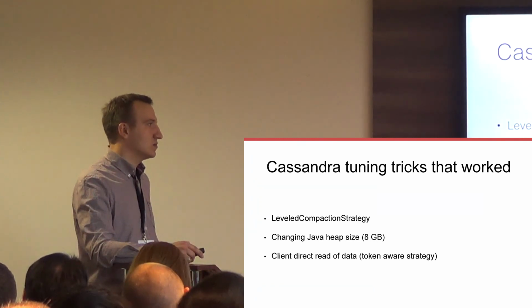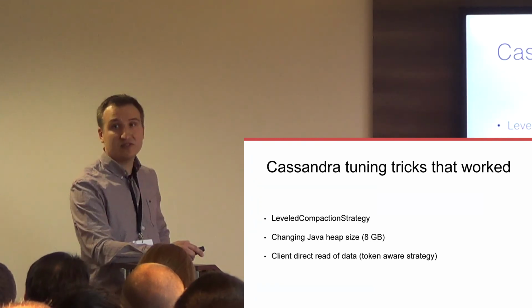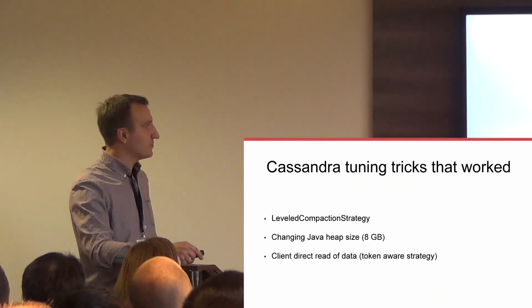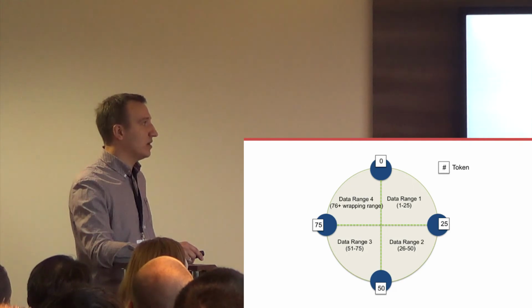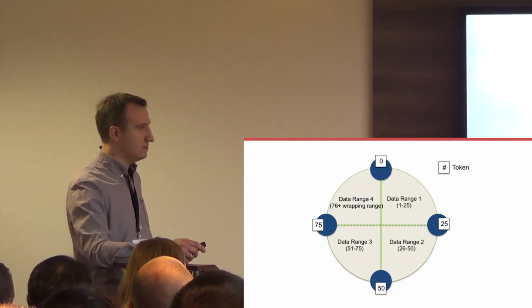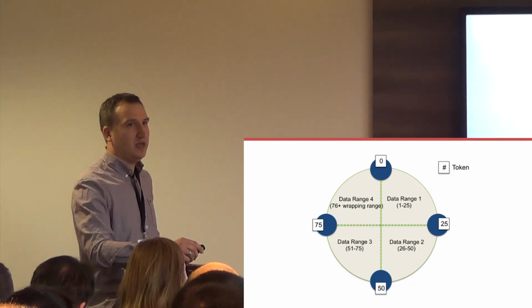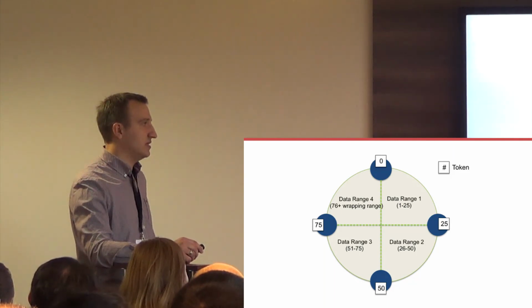We switched on a token-aware strategy for our Cassandra client. So basically, why did it work? Because, as you know, or don't know, Cassandra is distributed, and it distributes its data between the nodes.